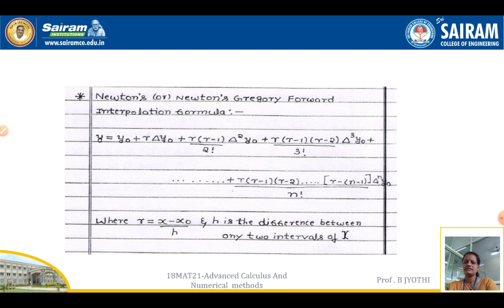The formula is: y equals y0 plus r del y0 plus r(r minus 1) by 2 factorial del square y0 plus r(r minus 1)(r minus 2) by 3 factorial del cube y0 plus and so on, up to r(r minus 1)(r minus 2)...(r minus n plus 1) divided by n factorial del power n y0, where r is x minus x0 by h, and h is the difference between any two intervals of x.